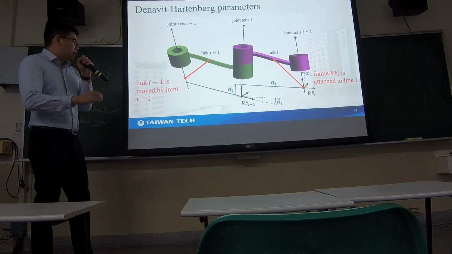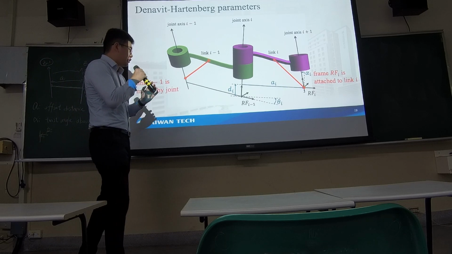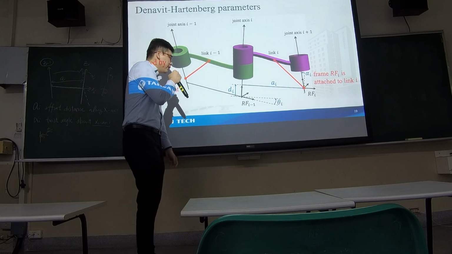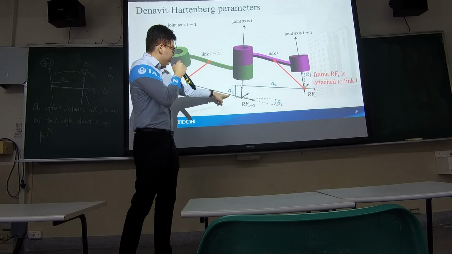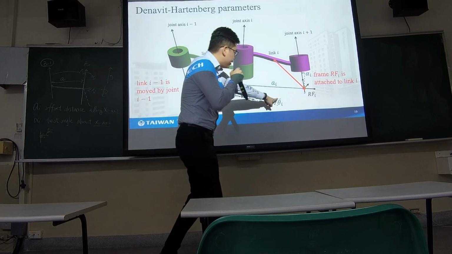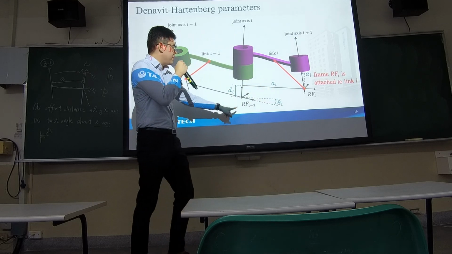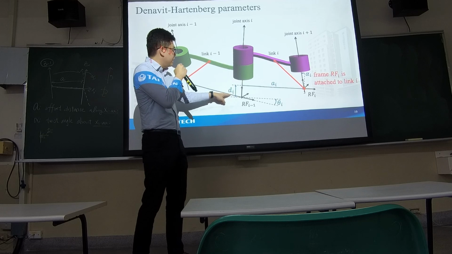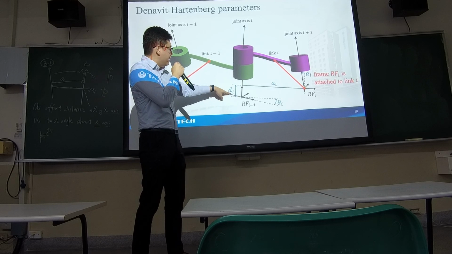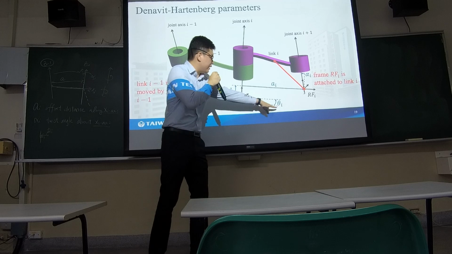So I think some of you have some questions about the DH parameters. Basically, this d and theta are the parameters for this joint i. You can see this one is di and theta i.